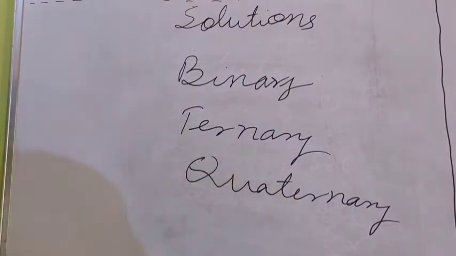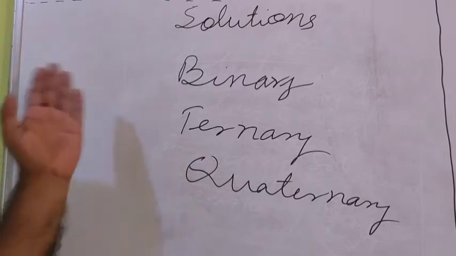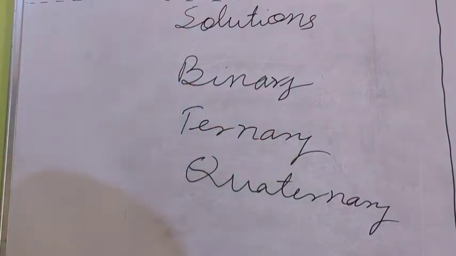Ternary contain three components, one solute, two solvent, or two solute, one solvent. And quaternary which contain four components, one solute, three solvent, two solute, two solvent, and another. So here that may be binary, ternary, quaternary, that is depend upon the number of components present in the solution. In your syllabus of 12th class, we have to discuss only the binary solution.